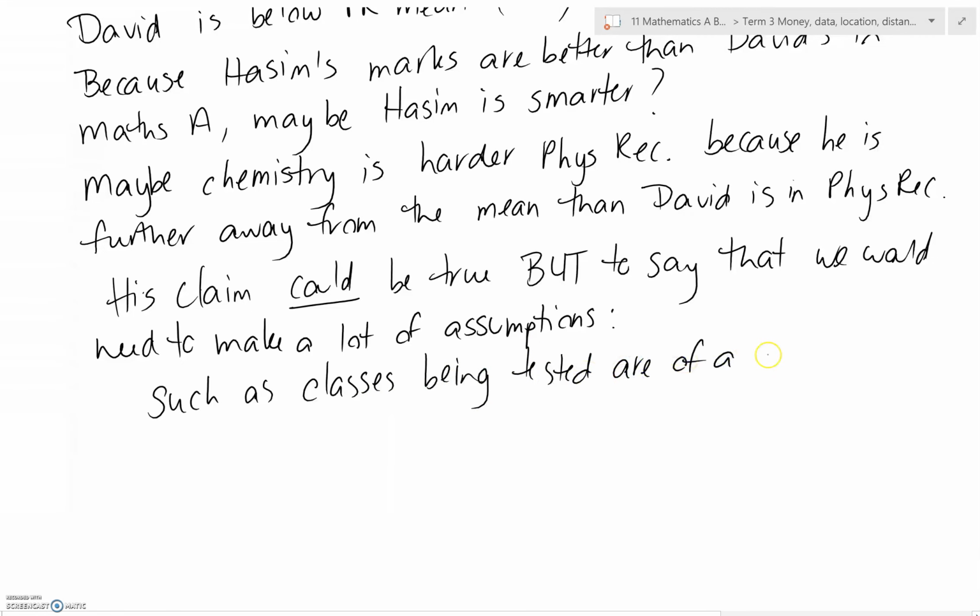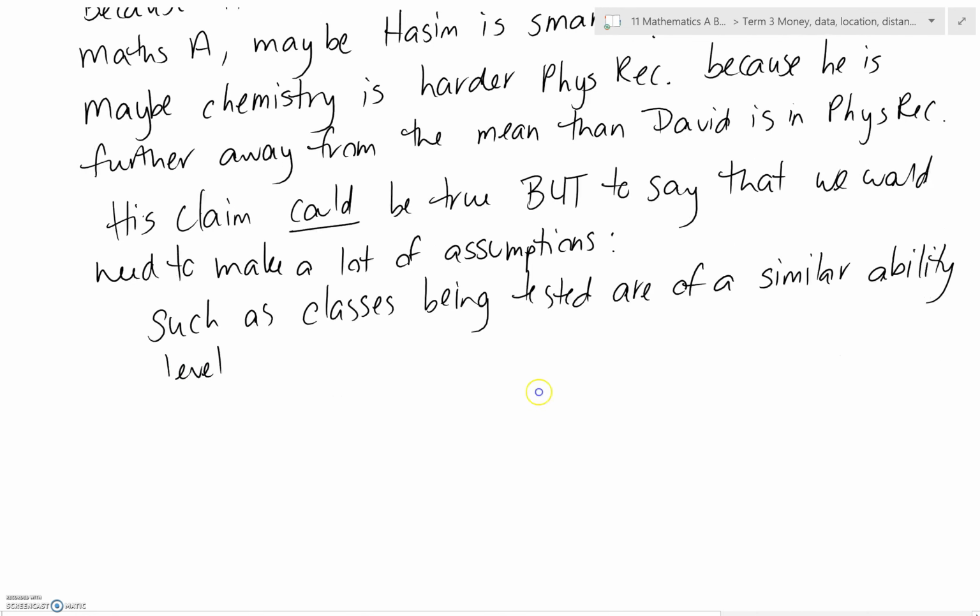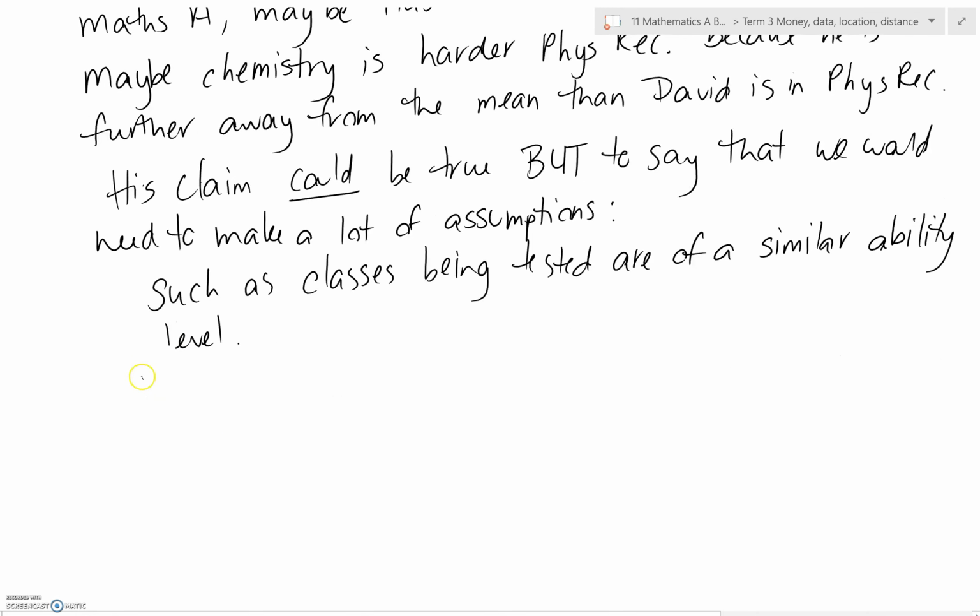What if you have in chemistry a bunch of really, really high achieving chemistry students, and that's why Haseem was further away from the mean in that? Do we know that? Not really. So, can we really say that from the information that we know? Not really. And that is the problem with a lot of these questions.